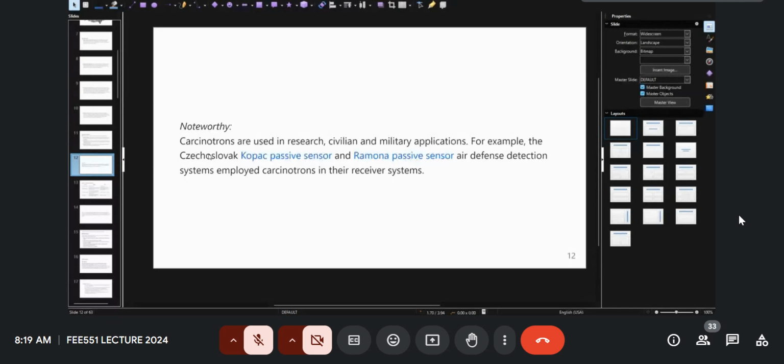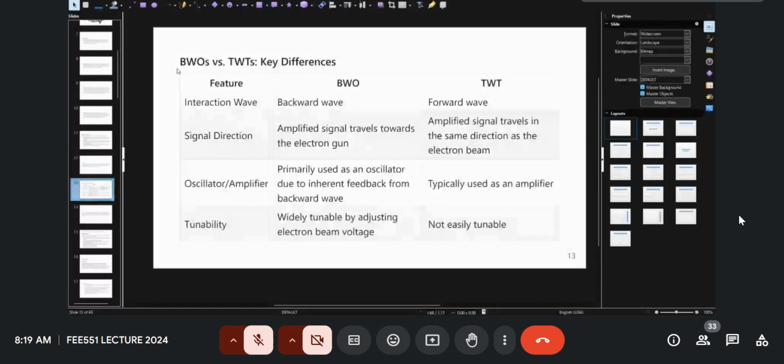So yeah, that's an interesting thing. Remember, BWOs, also known as carcinotrons, backward wave oscillators, and TWTs, traveling wave tubes. The differences I noted are these four: the interaction of the wave, the signal direction, oscillator versus amplifier, and tunability.